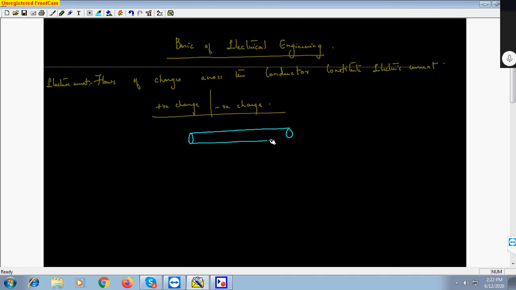What is a conductor? Those materials which allow the flow of electrons to pass through them easily.